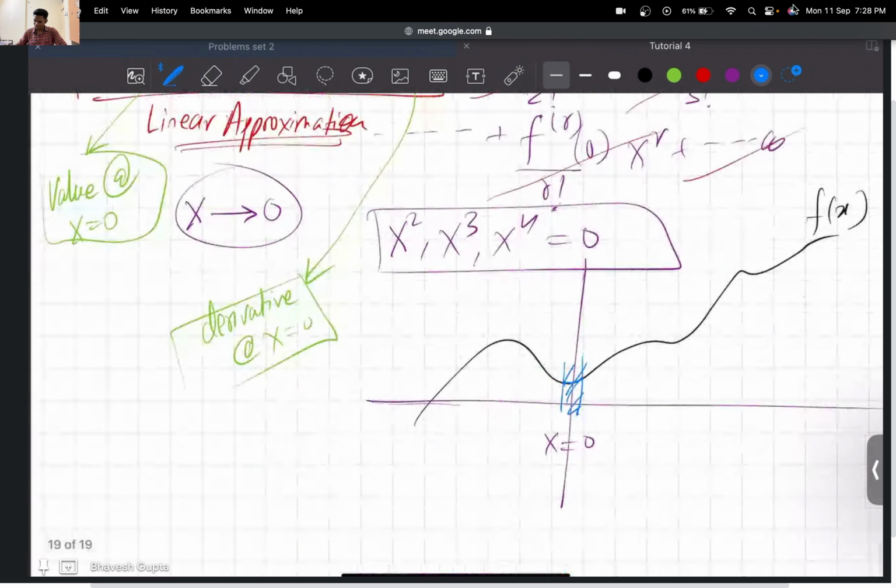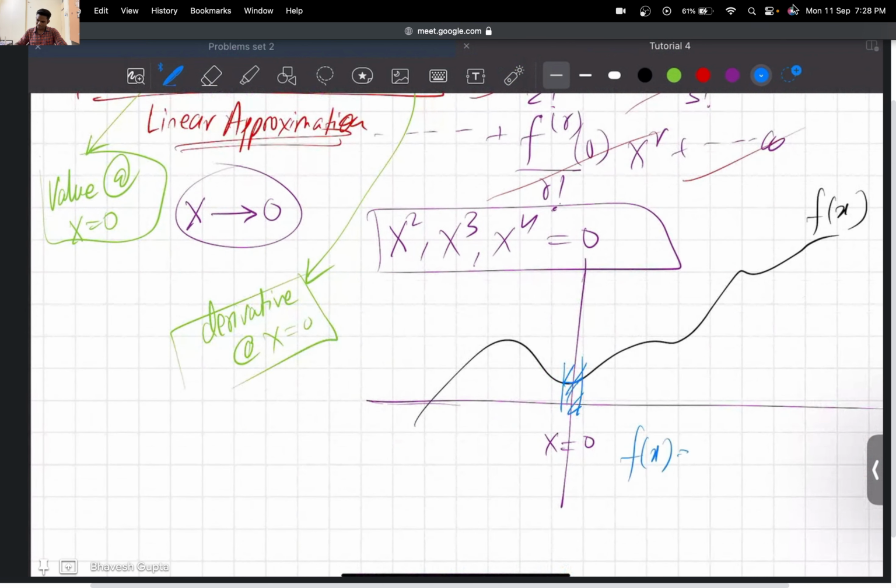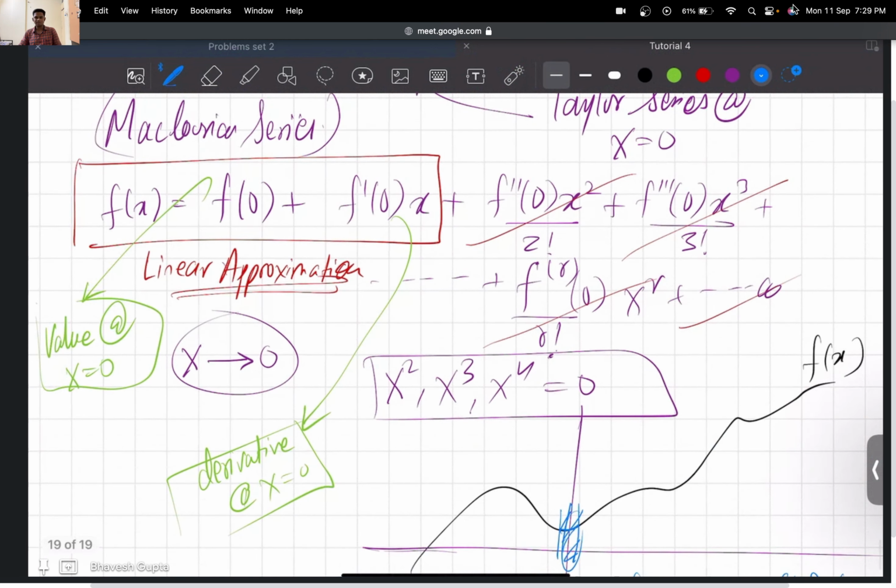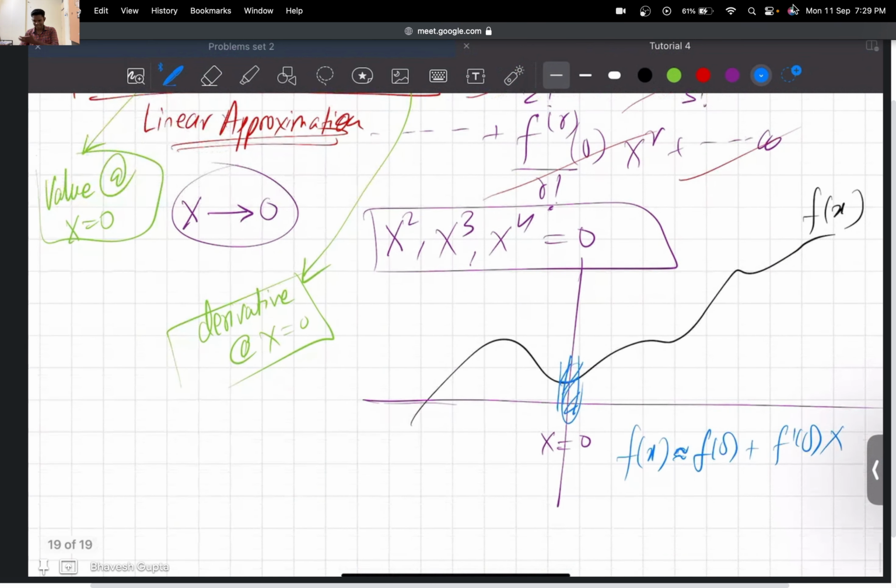Basically you can always write f of x is approximately f of 0 plus f dash 0 times x. Only in this window, though. The moment you go outside this window, this approximation will not hold good, because you cannot just take x square, x cube and higher order powers to be 0. So that's the idea here.